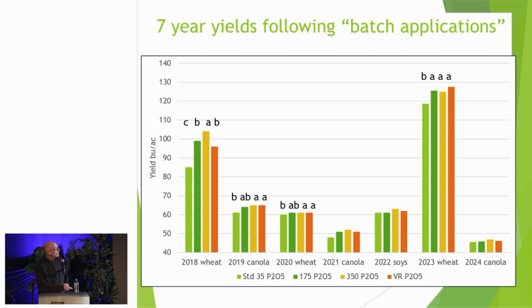But we do see significant difference showing up in following canola crops. That's such a good wheat crop this year showing up. Canola and soybeans really don't care. But again, this past year in wheat, we're seeing those yields reflecting that, building that base level of fertility up.